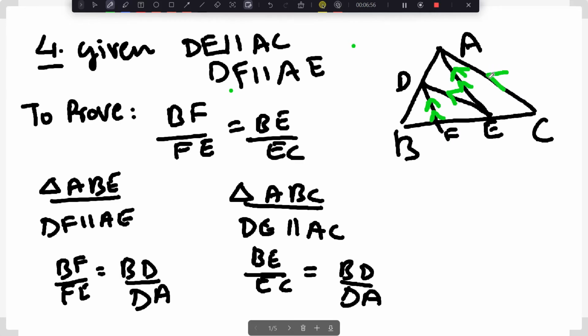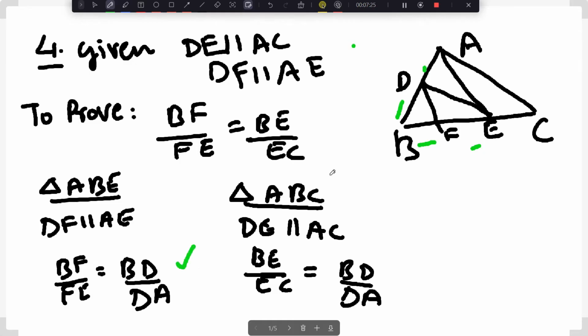So we will take the triangles where it is parallel, right? We are going to first consider triangle ABE. Now in triangle ABE, we know that DF is parallel to AE. So that means it will divide the corresponding sides in equal proportions, right? BF by FE equal to BD by DA.